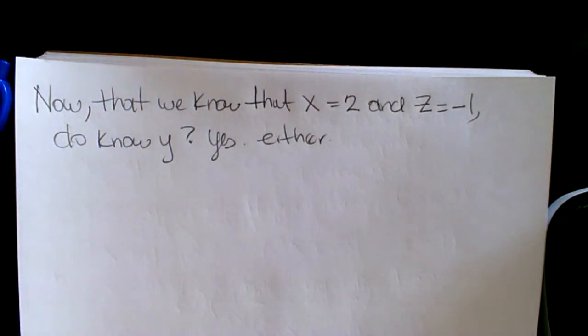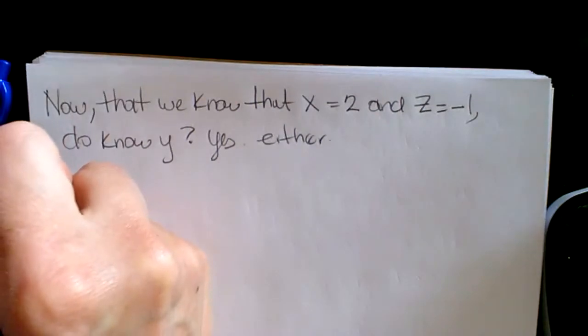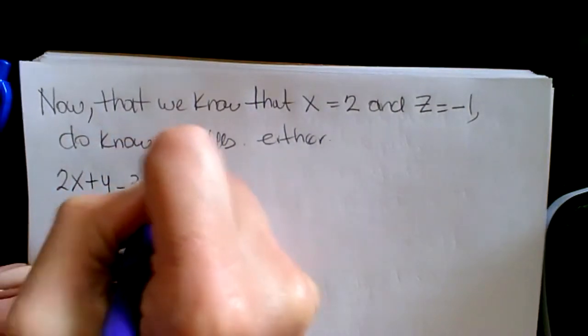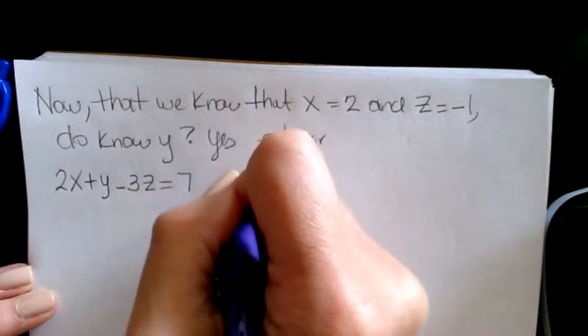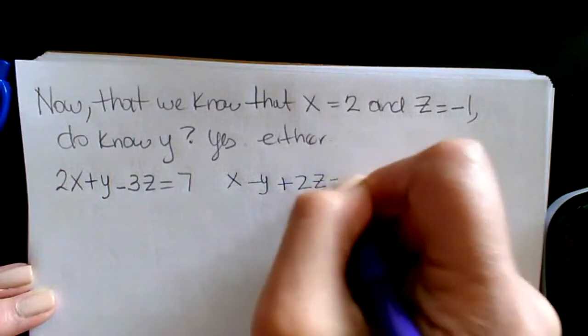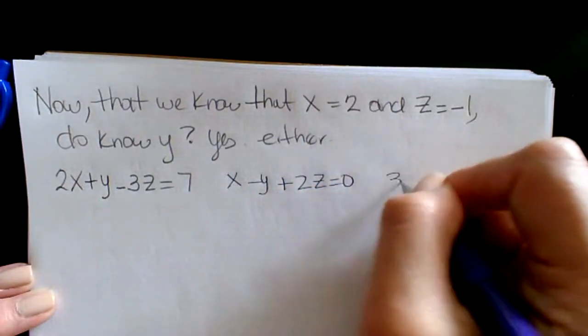Let's start with the first one. 2x plus y plus 3z equals to 7. The next one was x minus y plus 2z. And the last one was 3x plus 2y minus 5z equals to 11. I'm writing all of these down again.